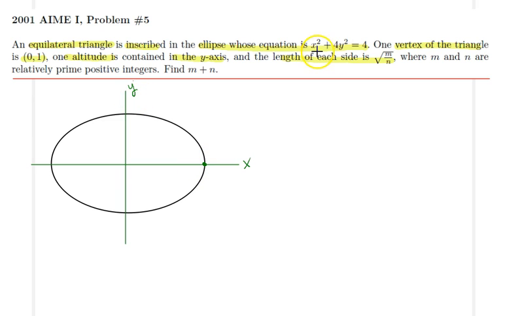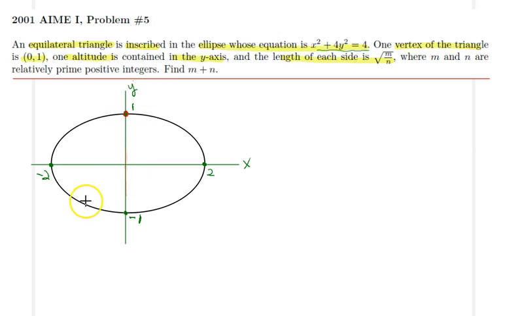I know the ellipse equation tells me that the ellipse will go through the points 2 and -2 on the x-axis, and on the y-axis it will hit 1 and -1, so you can easily confirm these points are actually located on that ellipse. Now the triangle will have one of its vertices on this point, and the altitude will be vertical on the y-axis.